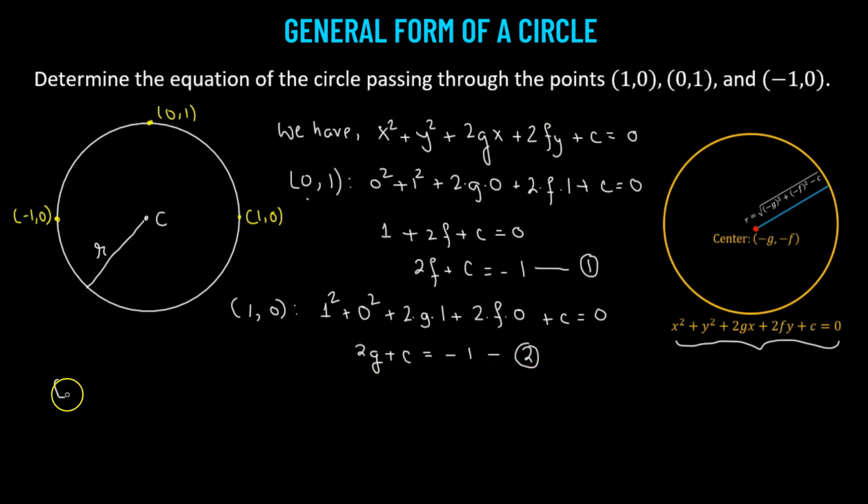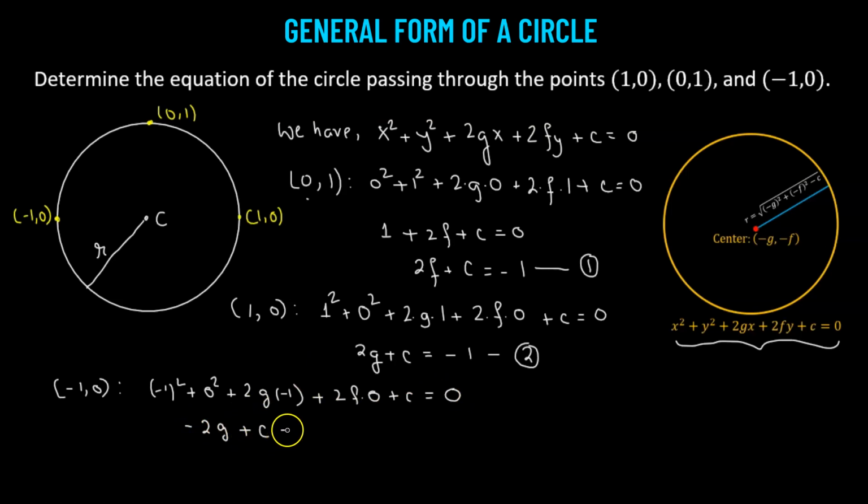And finally, we have the point (-1, 0). We replace x with -1 and y with 0 to get (-1) squared plus 0 squared plus 2 times g times -1 plus 2 times f times 0 plus c equals 0. That gives us the equation -2g plus c equals -1. Let's call it equation number 3.